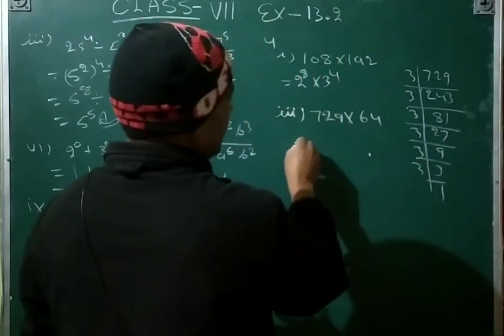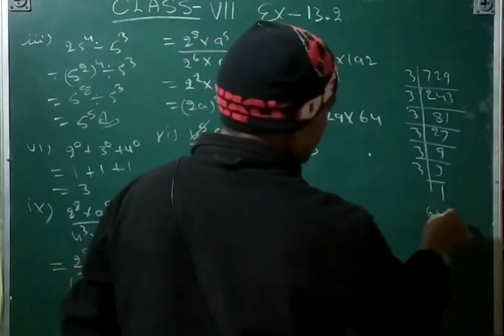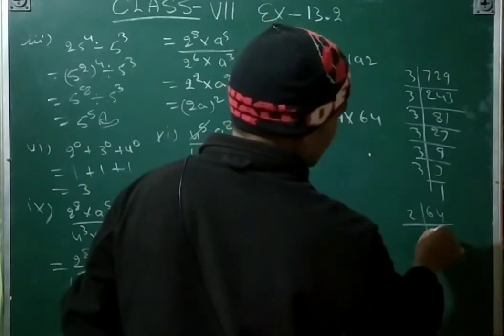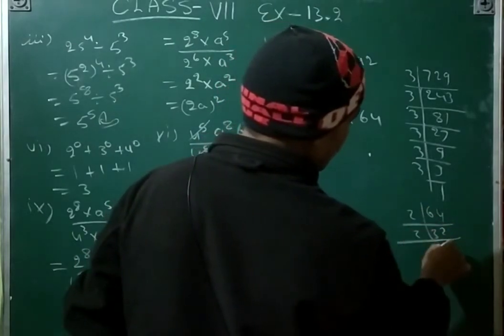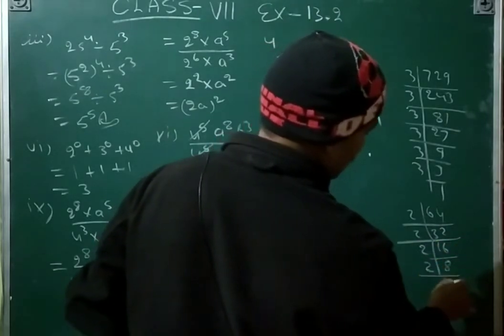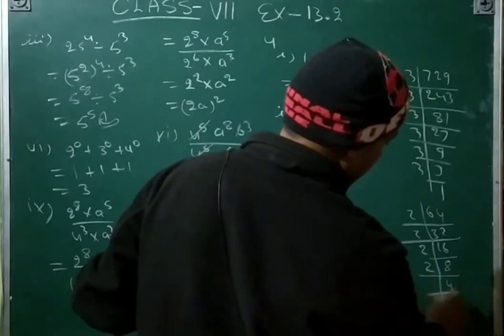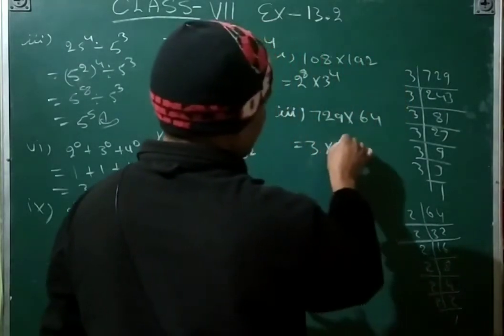So that we have seen one factor, and then 64 also we will write, that is 2 3s, 2 2s, 2 16s, and then 2 8s, and then 2 4s, and then 2 2s, and 2 1s, and then 2 also.